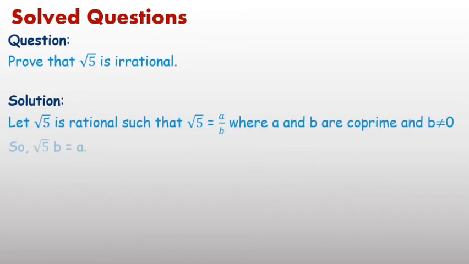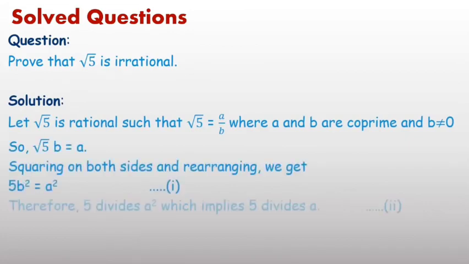Similarly, we have to prove root 5 is irrational. Same process apply, same steps. Root 5 equal to a upon b, root 5 b equal to a, squaring both sides, 5b square equal to a square.